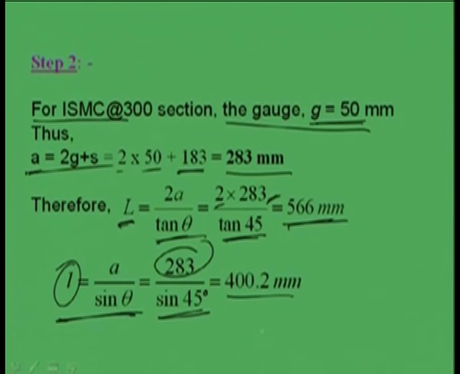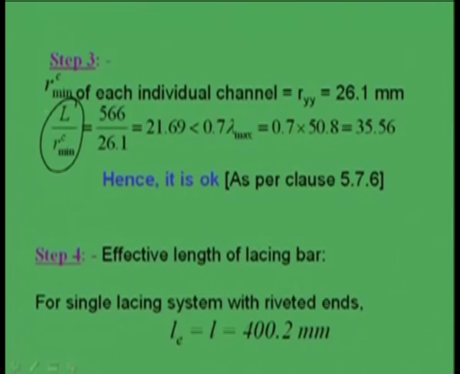So, step by step we are proceeding to find out the dimension of the lacing, right. So, what we have done? First we have decided the angle of inclination, then we have found the length of the lacing and the spacing, right. Next what we will do? Now we have to find out the thickness and width of the lacing, and before that we have to check as per the codal provision that this L by RC minimum should become this, right.